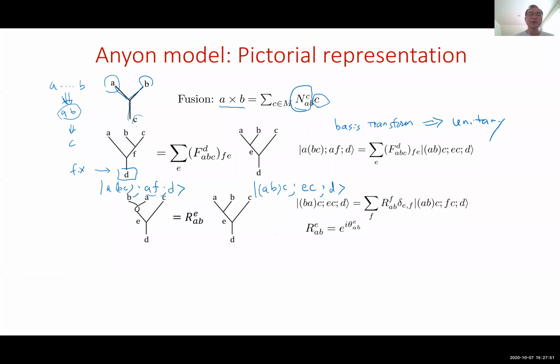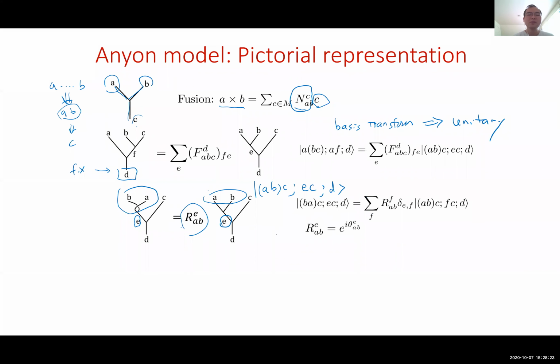There is also an exchange or braiding that we talk about. Like you just braid the two. You just braid, for example, A and B. So you braid A and B, it becomes like this. Okay. And if you fix an output of the fusion between A and B, then this would always be diagonal.